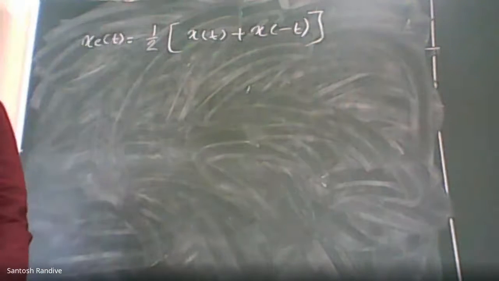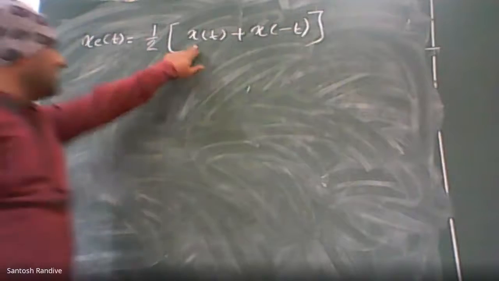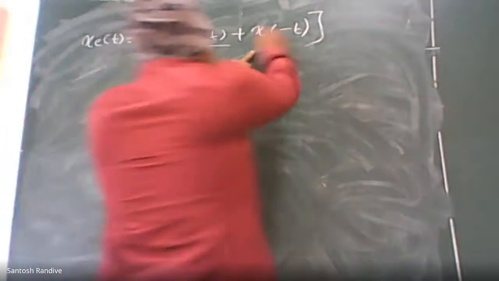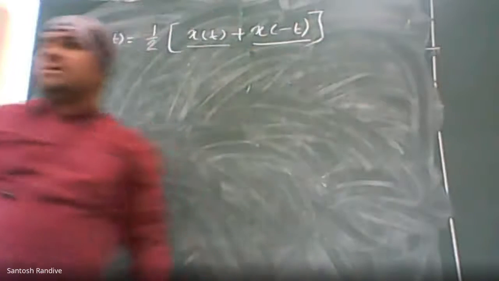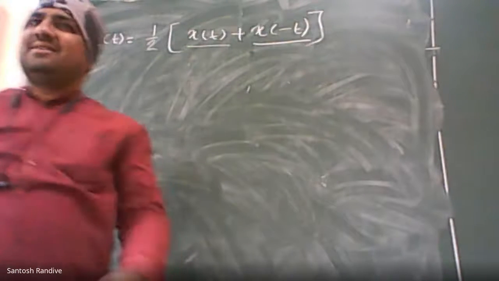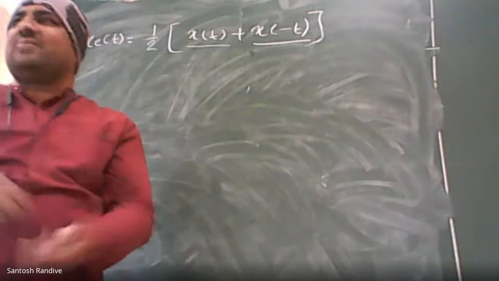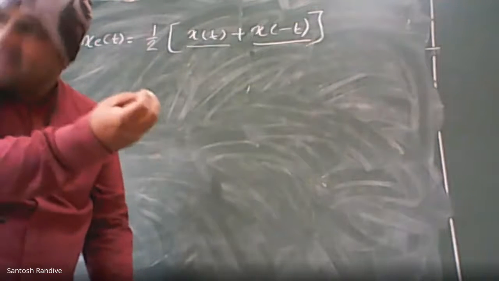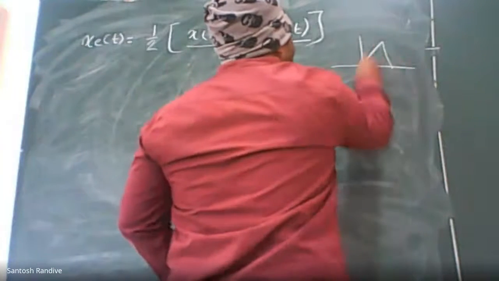The meaning of this is: x of t is the original signal given to you, and x of minus t is the folded signal. That means whatever value the signal has at +1 goes to -1. Simply, if this signal is given to you, what is its minus version?